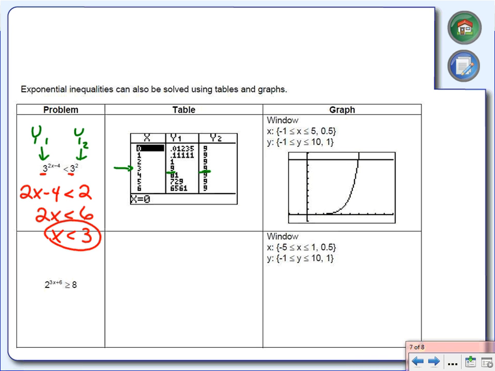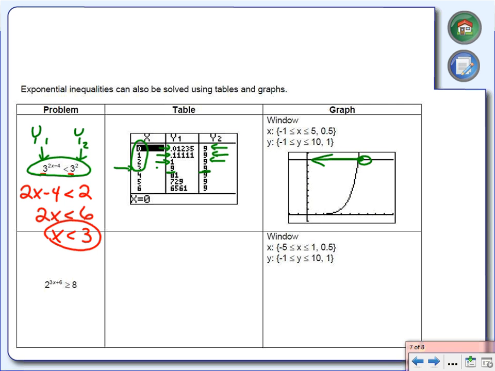Well, all of these right here would end up with y values in y1 being smaller than the y values in y2. In other words, these numbers are less than these numbers over here. So it's just a little bit trickier looking at it in the table and the graph. Of course, we can also see the same thing in the graph. Here's that point of intersection, 3. And because we're looking for y1 values being less than y2, it would be to the left. By the way, that is an open circle because we don't have the equals.